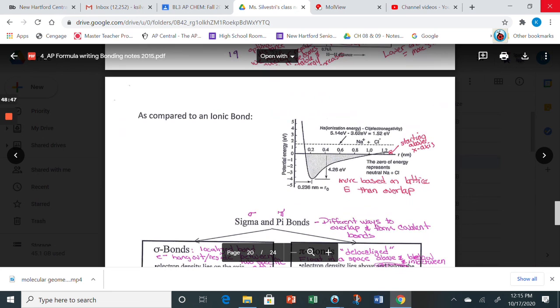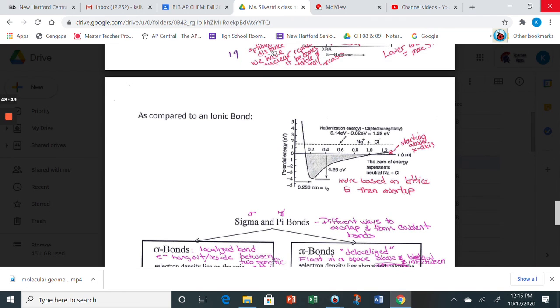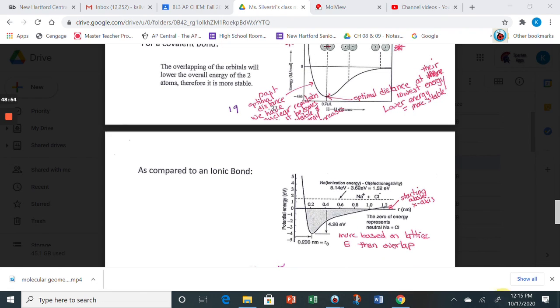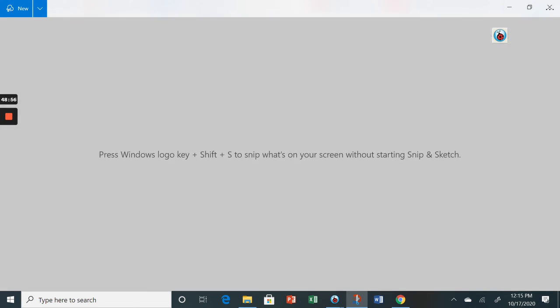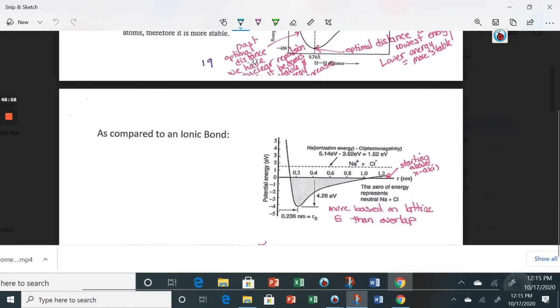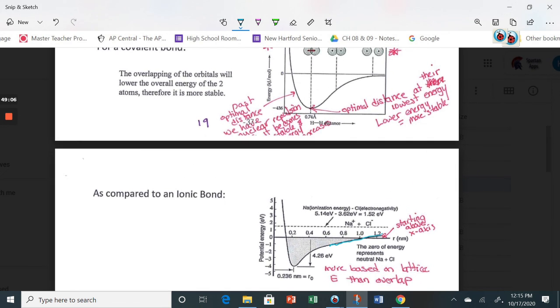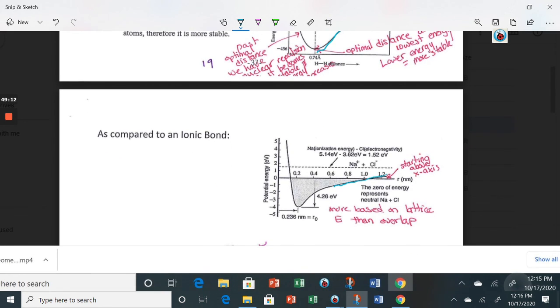So the big difference is you start above zero, and usually the slope is steeper at the top, like this part at the top. Let me see if I can get both of them on the same screen. So if you look at this part, this slope is steeper at first, and then this one becomes steeper as you get to share and overlap orbitals, right? And then these are two different values.